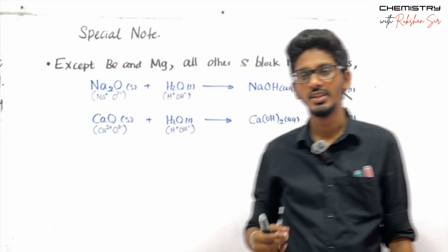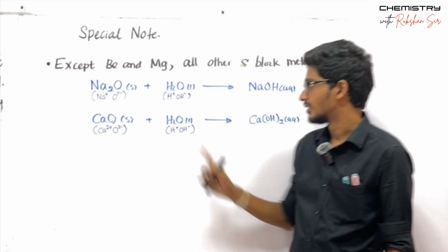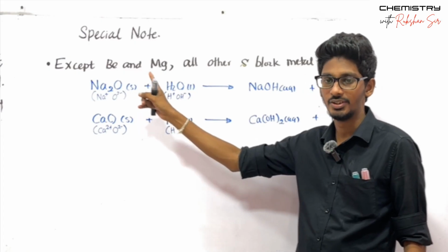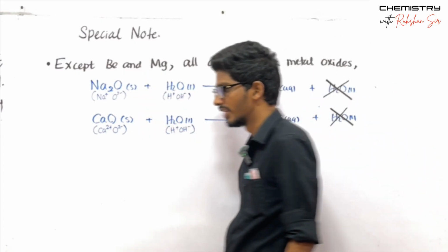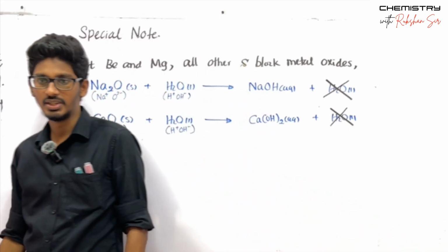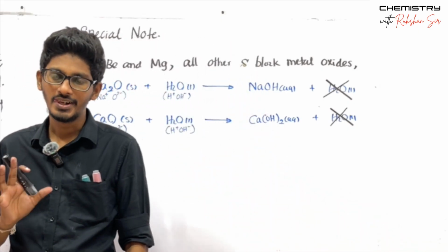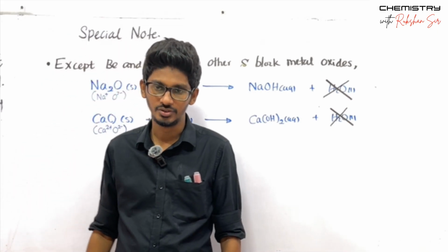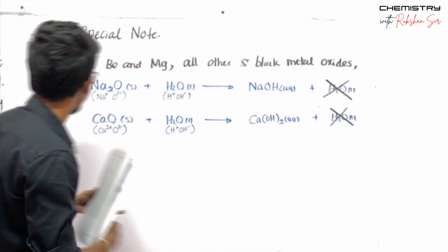But keep that in mind. The beryllium and magnesium oxides, those produced when reacting with O2 gas, won't react with water. Other than that, the other S block oxides will react with water to produce the hydroxides, right?